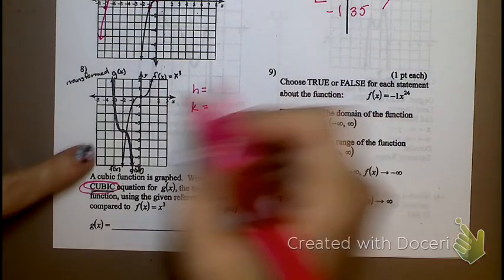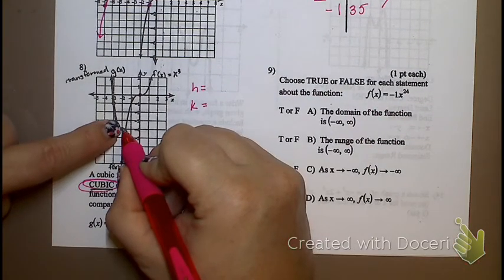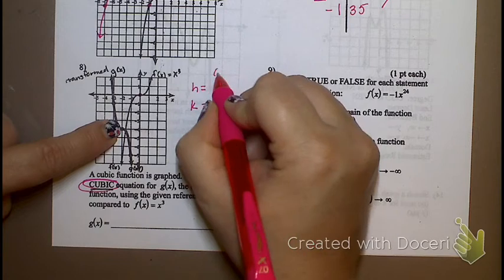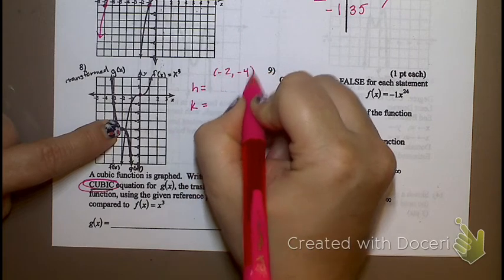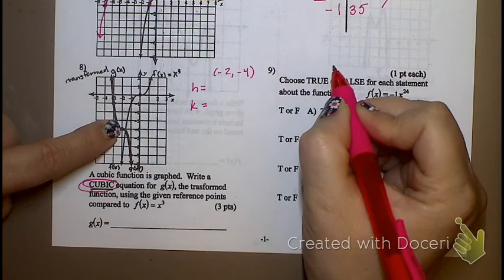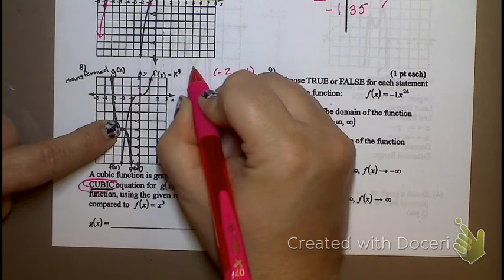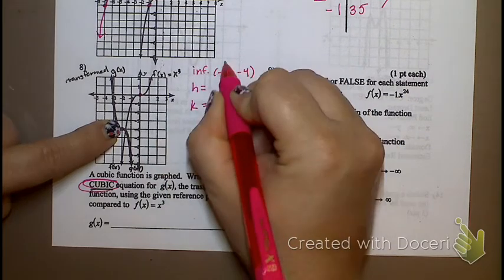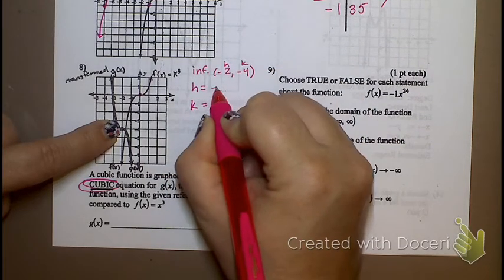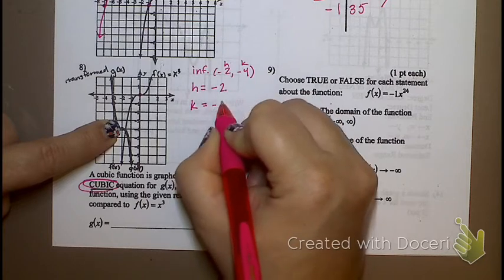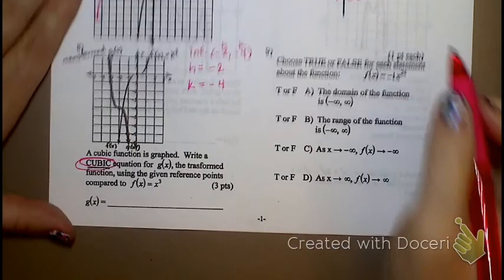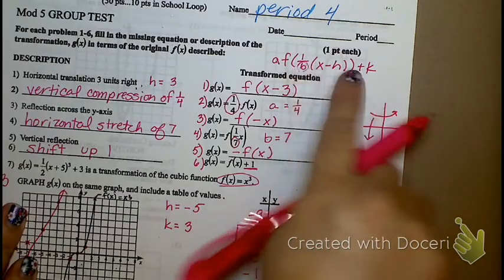Now where is my inflection point? Negative 2, negative 4, right? That's my inflection point. That's my H and my K. So H is negative 2, K is negative 4. Why is that important? Well, if I refer back to up here, my cubic equation is pretty similar.